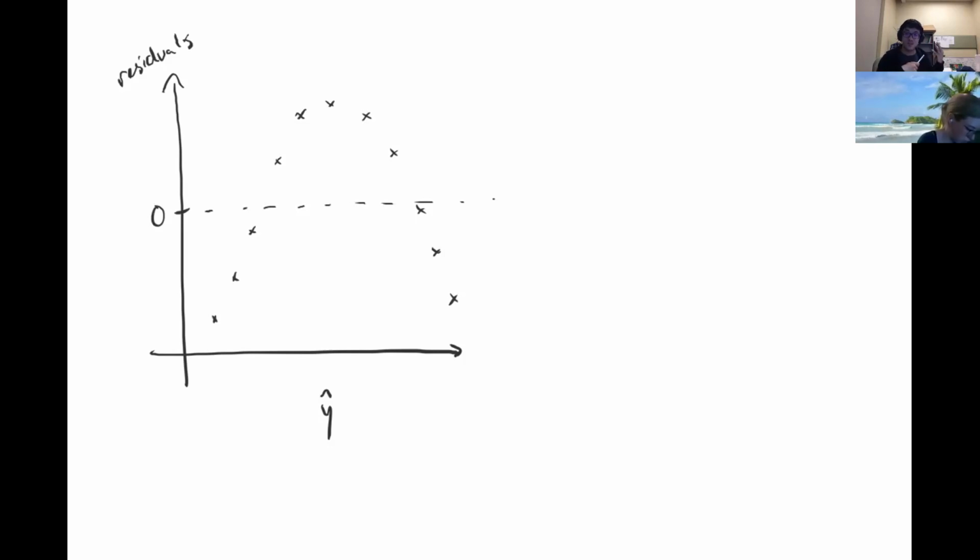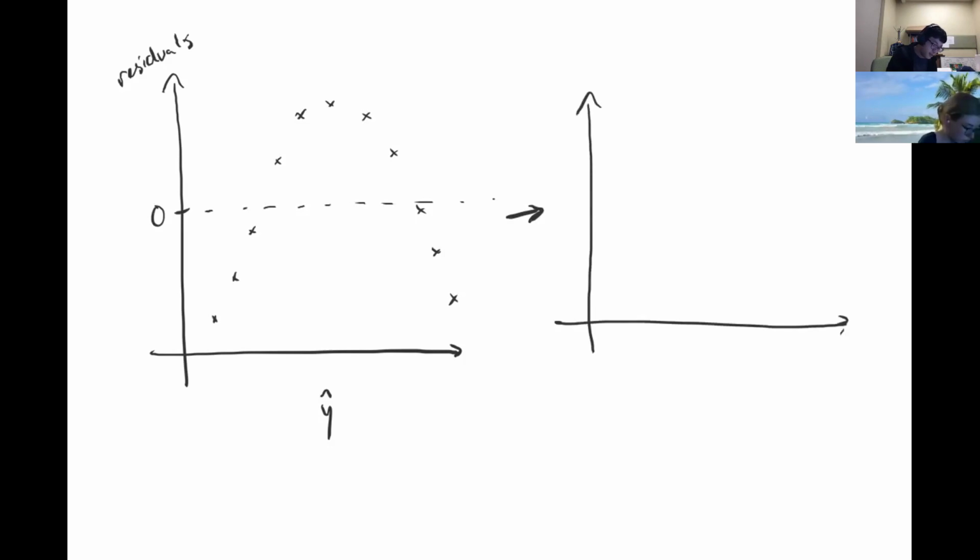So the centering seems to be right, but instead of a random cloud of points, you actually see in this case this pattern where some of the residuals are really negative, going up and following this parabolic curve.